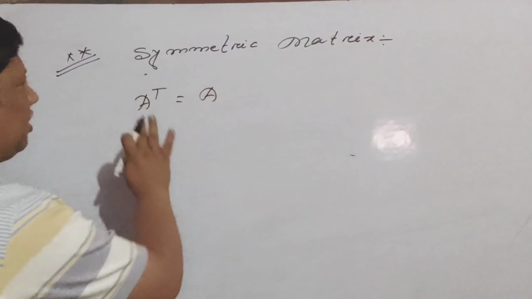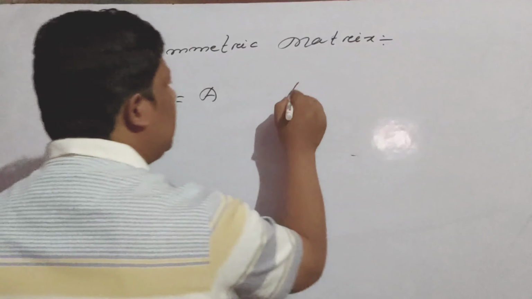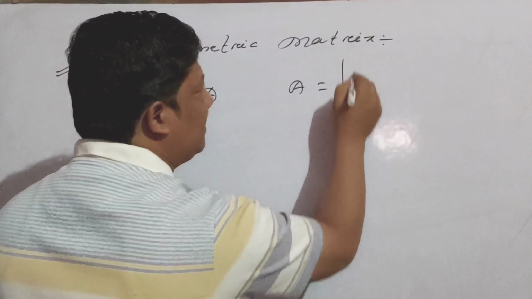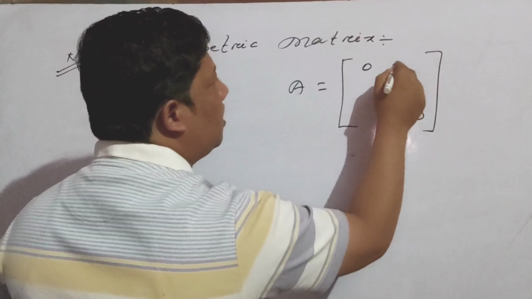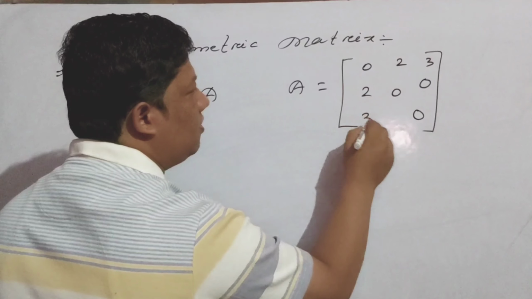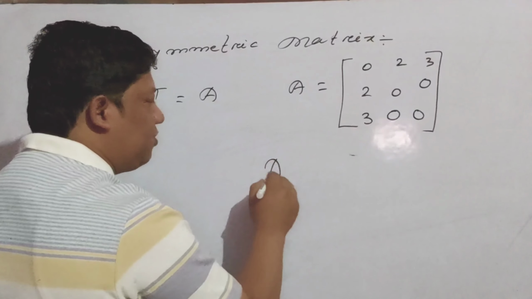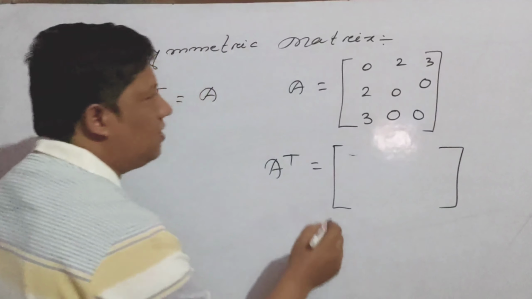Next, I think you understand what a symmetric matrix is. Suppose you want to transpose this matrix: 0, 0, 0 and 2, 3 and all the other elements are 0. Now if you transpose this matrix, rows should be converted into columns. Then what do we get?